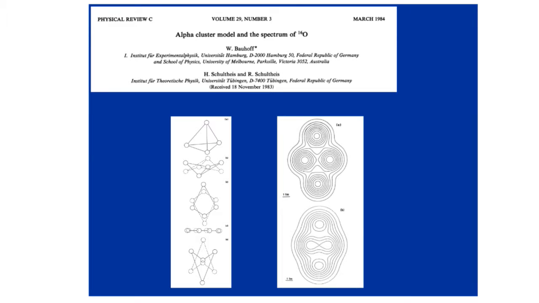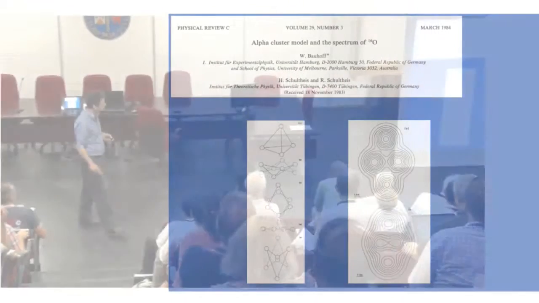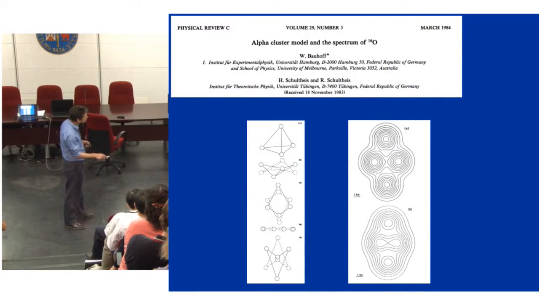And here they see a whole series of alpha cluster type structures, so the tetrahedron, some planar structures, and a linear structure. And here you can see two density plots for the planar structures with two different types of interactions. And you can see the cluster structures, two alpha particles close together, two far away.